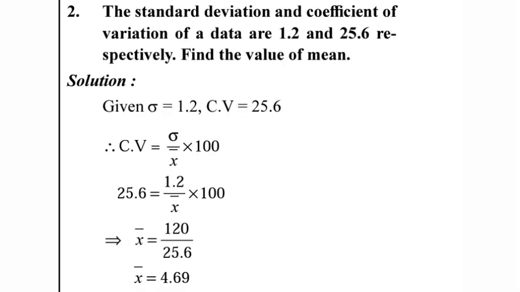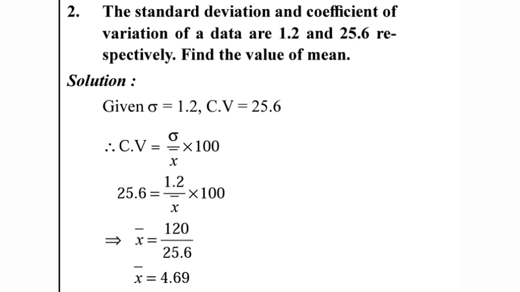Question number 2: the standard deviation and coefficient of variation of the data are 1.2 and 25.6 respectively. Find the value of mean. Okay, solution, the given values are standard deviation and coefficient of variation. Standard deviation symbol is sigma, that equals 1.2. Next, coefficient of variation CV equal to 25.6. Now write the formula of CV, that equals sigma divided by x bar into 100.